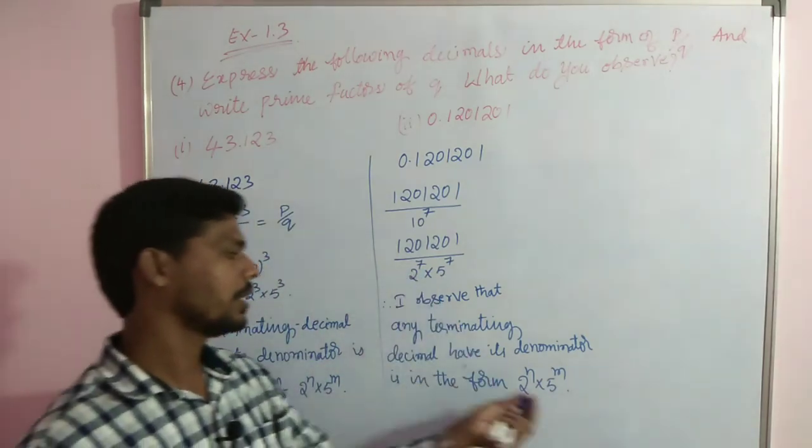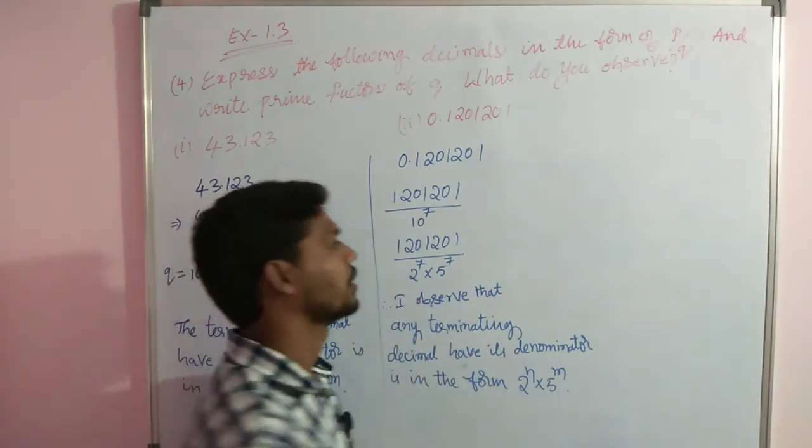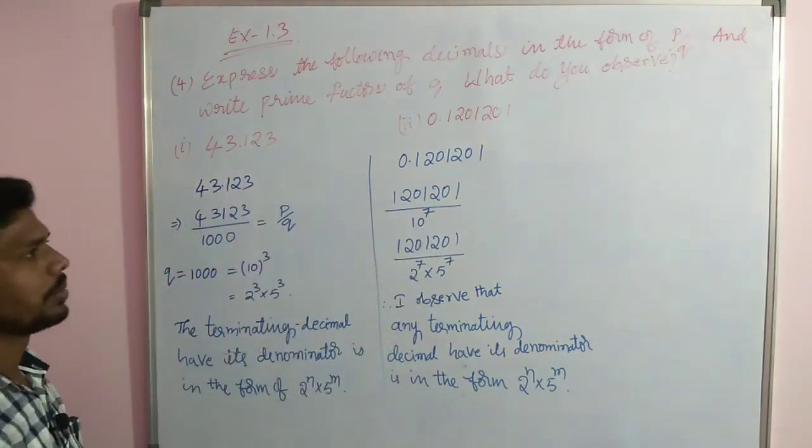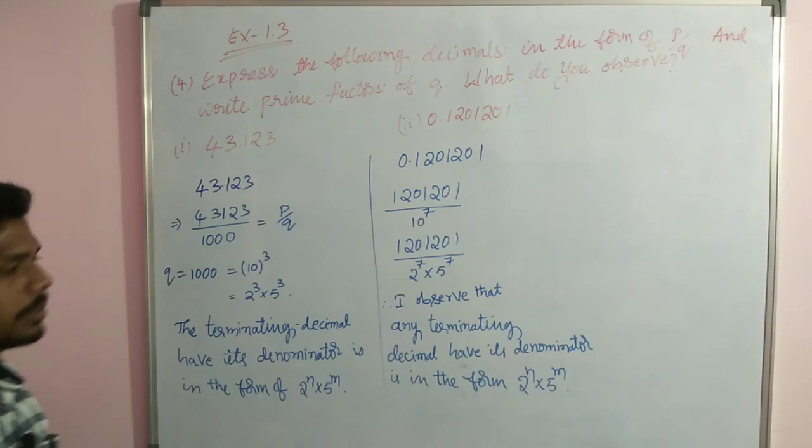Here n is 7, m is 7. Good. I hope you understand both of the problems, right? Please make a note.